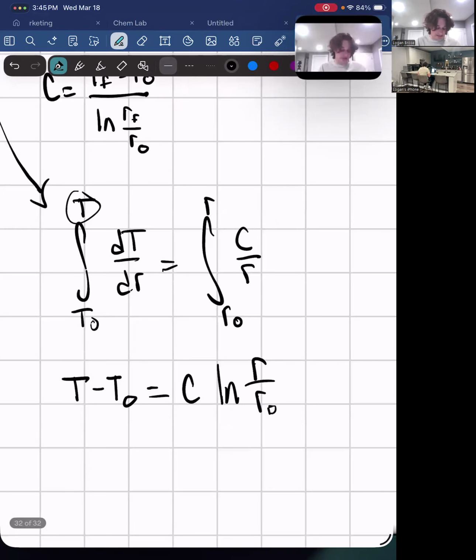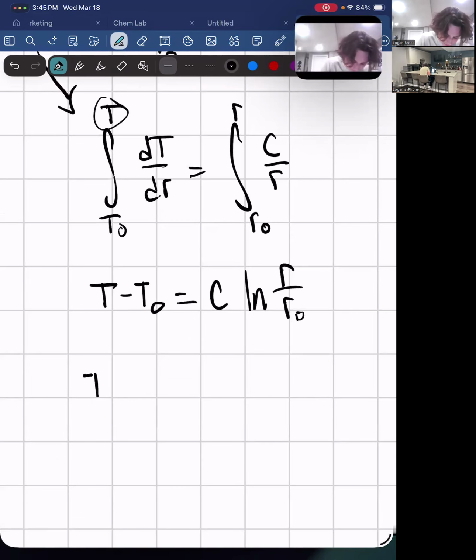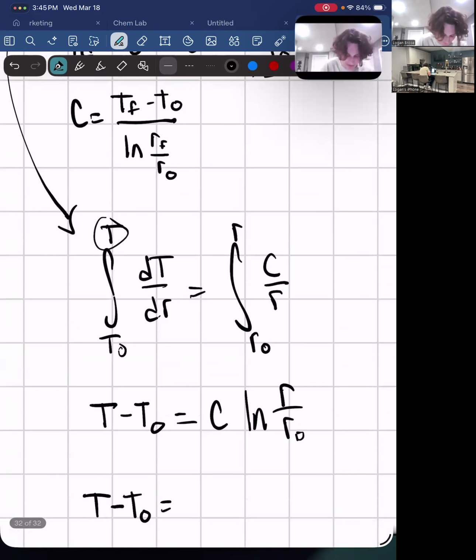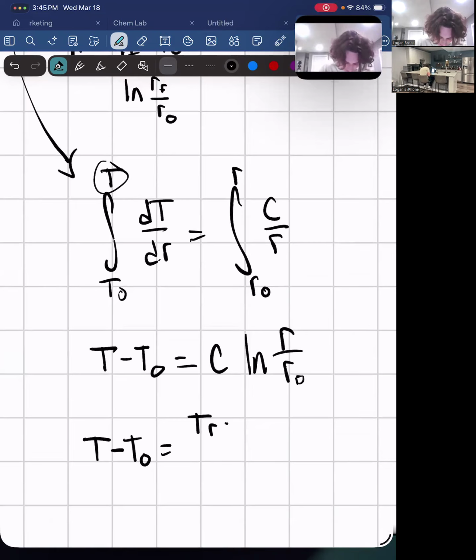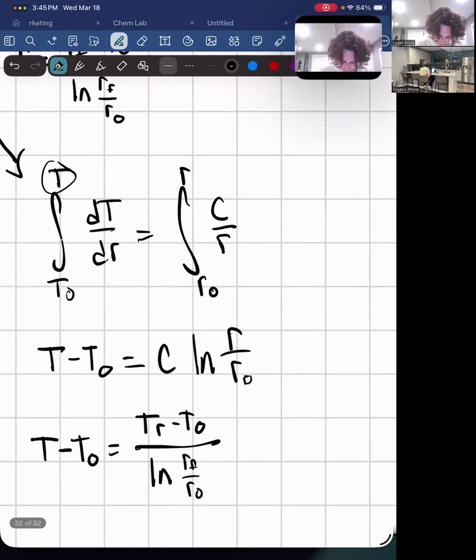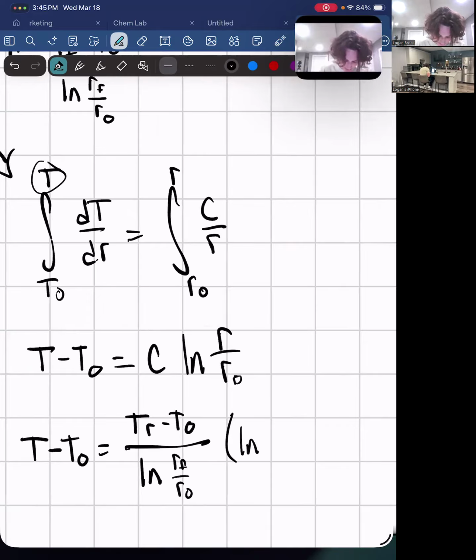Well, we know C, right? So T minus T naught equals T final minus T initial over the natural log of R final over R initial times the natural log of R over R naught, right?